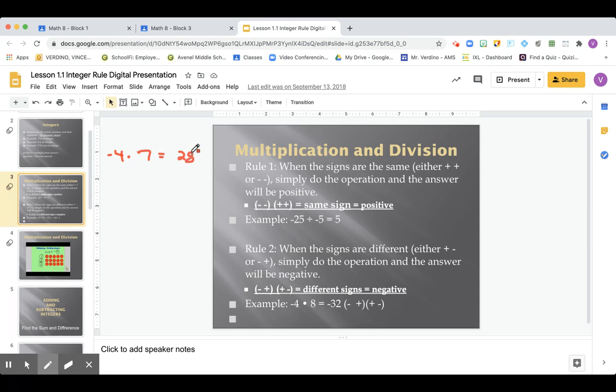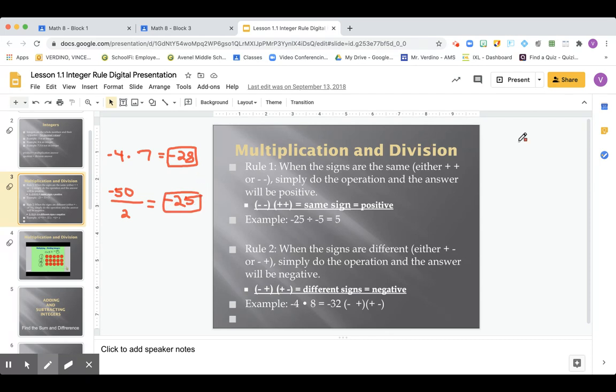Now, because one is negative and one is positive, it will always be negative. If I do the inverse, the inverse of multiplication is division, so -50 divided by 2, I have a negative divided by a positive. Again, one of these numbers is negative, so my answer will be negative.